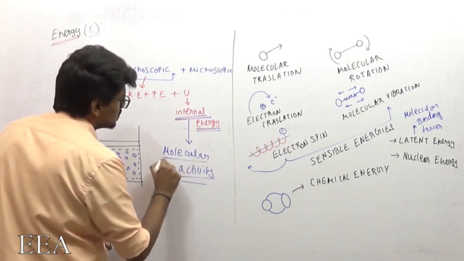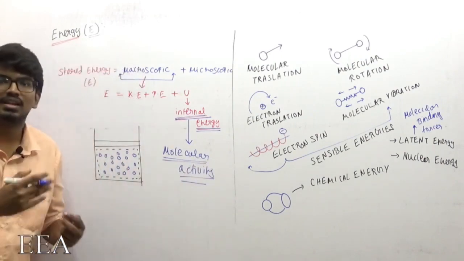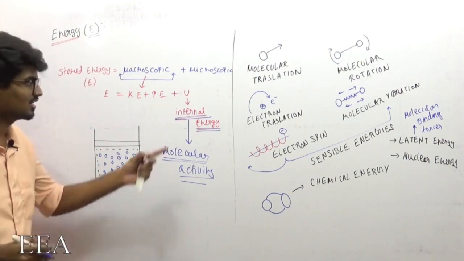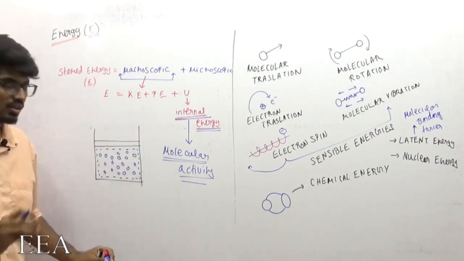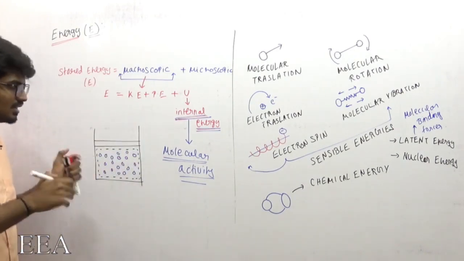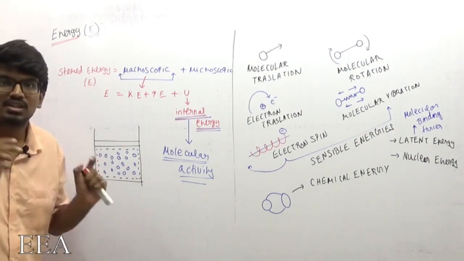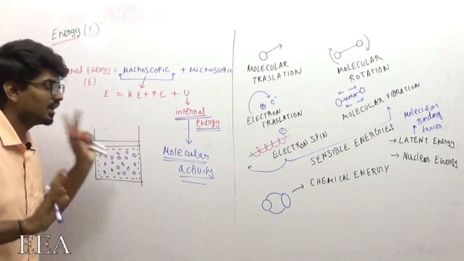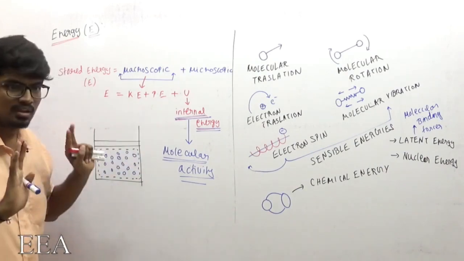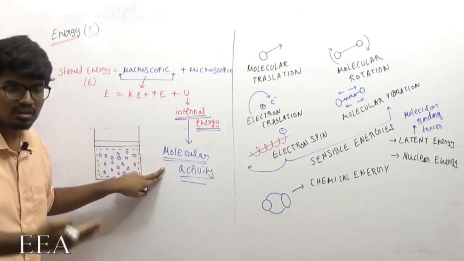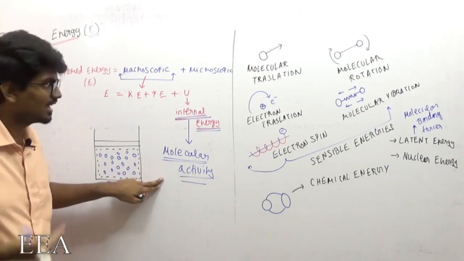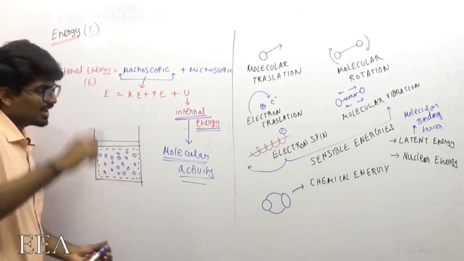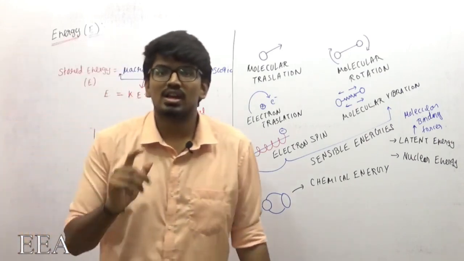If there is more molecular activity, internal energy is going to be more. If molecular activity is less, internal energy will be less. So first, what is internal energy? Any form of energy associated with a molecule is internal energy. Now, why did I use the word any?